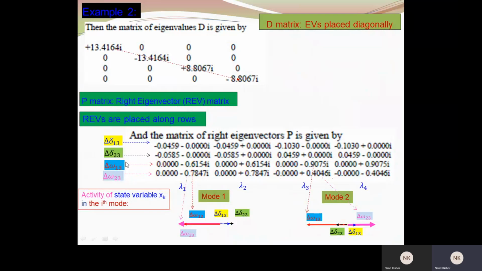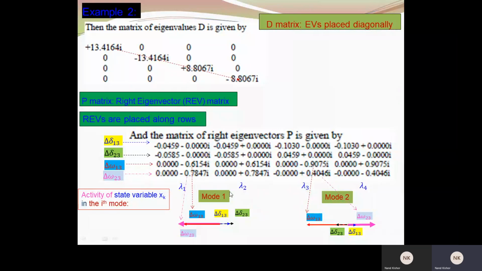Now the right eigenvector gives you the activity of the state variable, it could be any of the state variables, in the ith mode. So if you want to know the activity of a state variable in the mode lambda 1 or lambda 2 or lambda 3 or lambda 4, that is what it refers to.